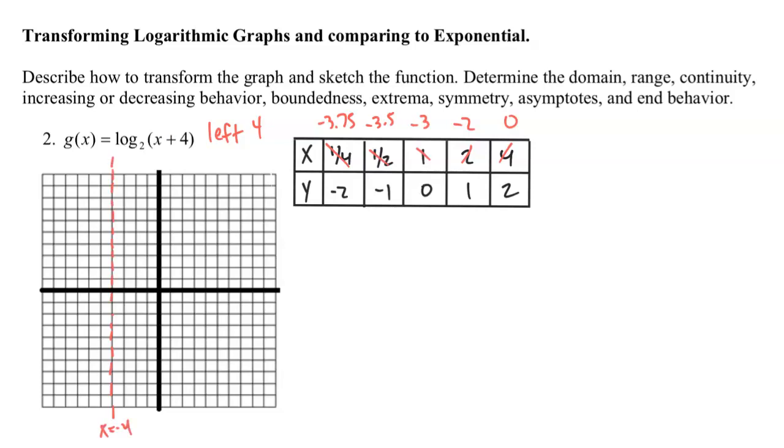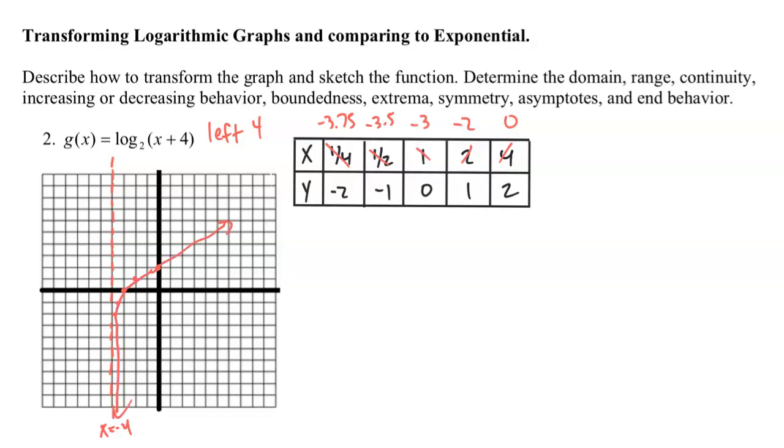And then if you plot these points just as best you can, then you're going to see that it looks very similar to the parent graph. It just got shifted over to the left. And so negative 3, 0 will be here, negative 2, 1 will be here, and then 0, 2 will be here. And so your graph will look something like this.